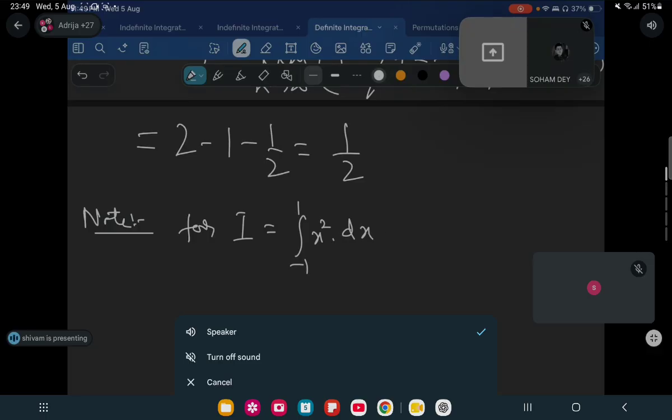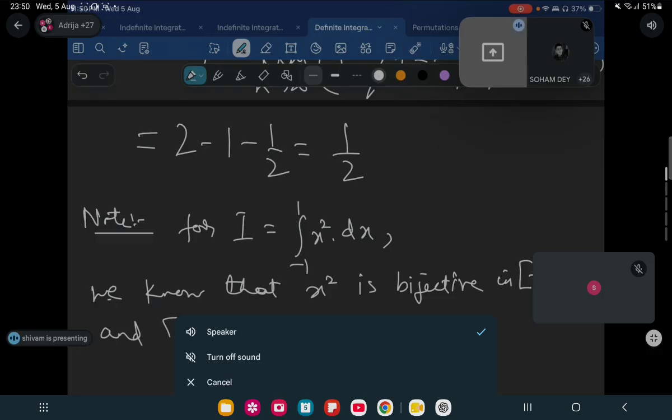We know that x square is bijective in minus 1 to 0, and also in 0 to 1. X square is bijective in this interval and in this interval.